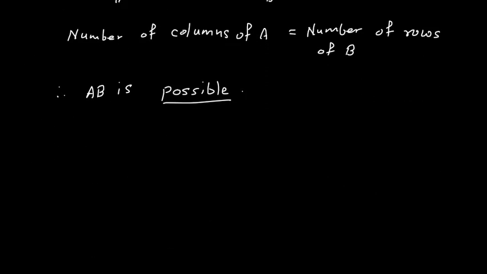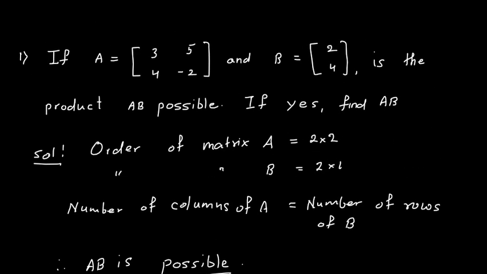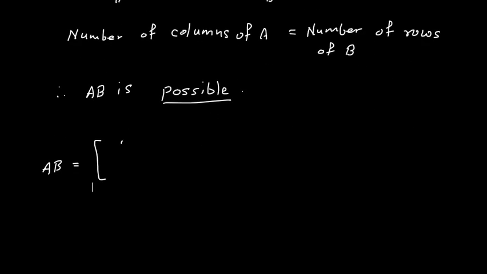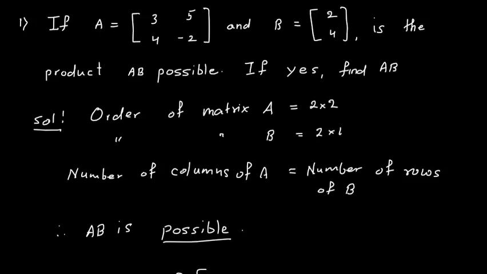Okay, so AB is equal to, first write A, which is [3 5; 4 -2], into B, we have [2; 4].